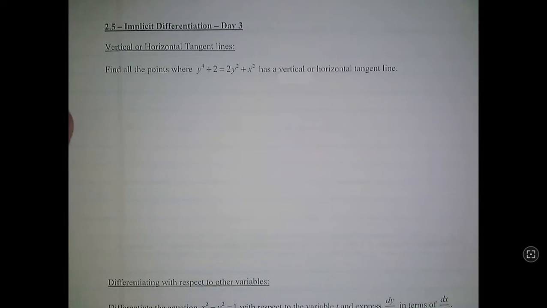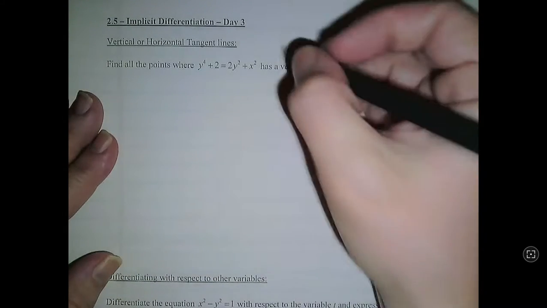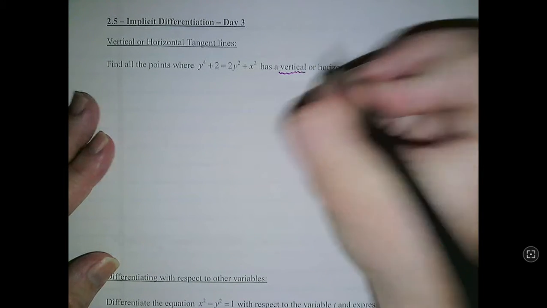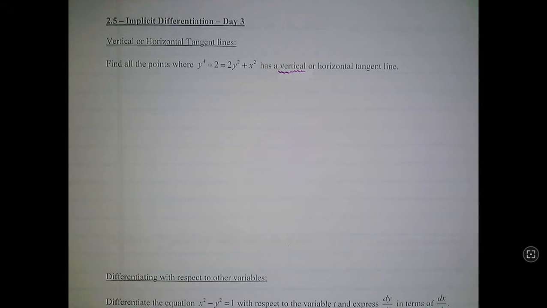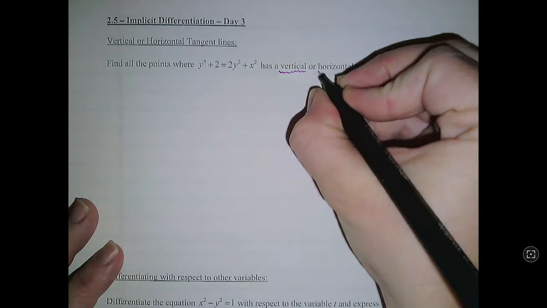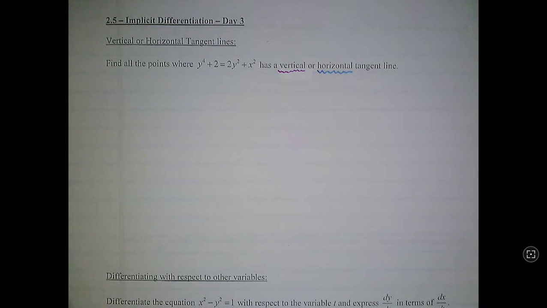So just thinking about what we know about vertical lines, that's going to be where the slope is undefined, because vertical lines have a slope that is undefined. And for horizontal lines, we're looking for where the slope would be equal to 0.